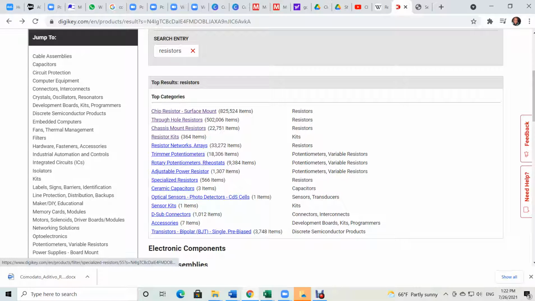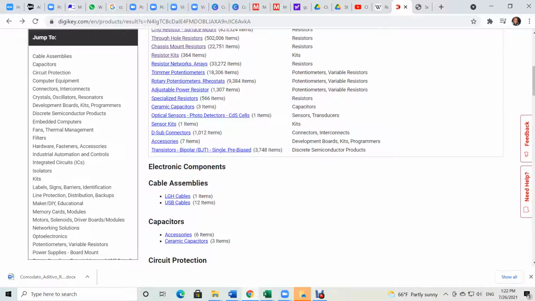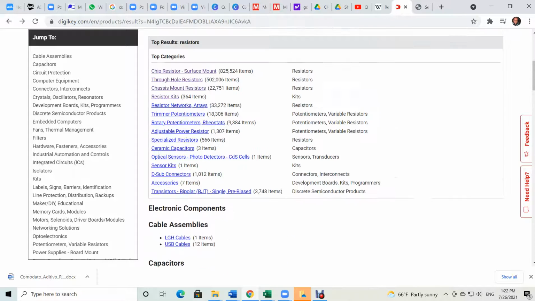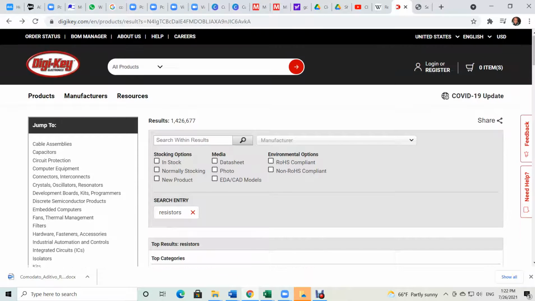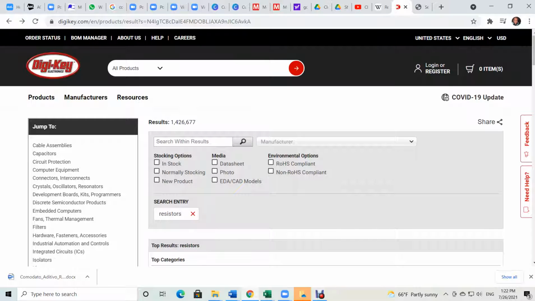No, that's not what it is. Specialized resistors, rotary potentiometer. Well, those resistors that you saw in Wikipedia are somewhere here in the DigiKey website. Okay. One day I was looking into it.